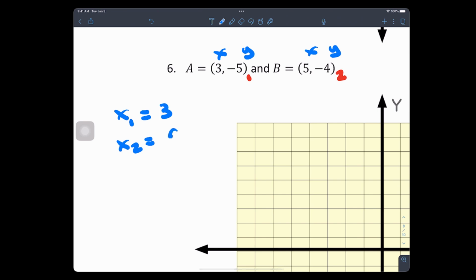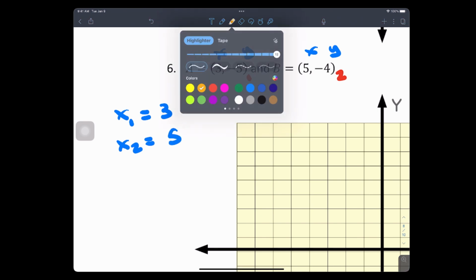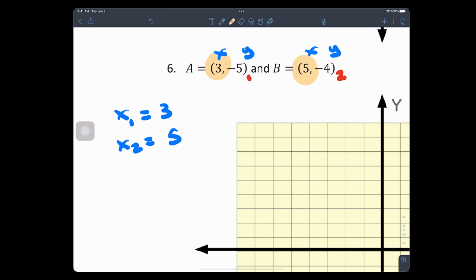X2 is 5. Is that true? Double check. So then that A value is the difference, X2 minus X1, which will be 5 minus 3. What is the value of A? 2.